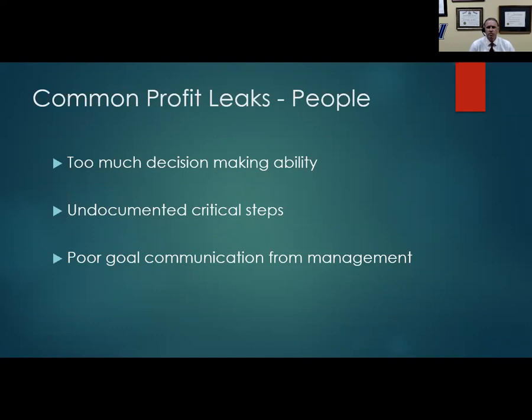One is too much decision-making ability with certain people. We've all been in situations where maybe we've argued with a person at the register or over the phone how we felt that we were treated unfairly, and due to that, we're requesting or demanding a refund. And many times it's at that person's discretion.